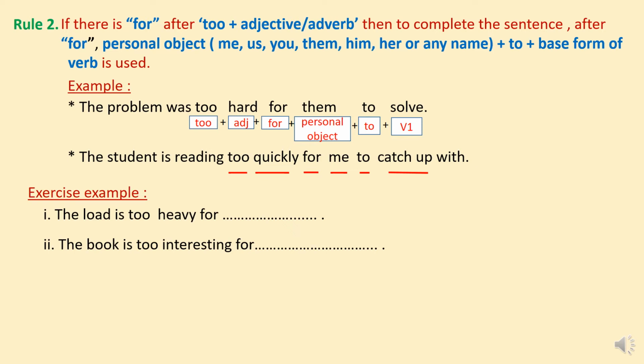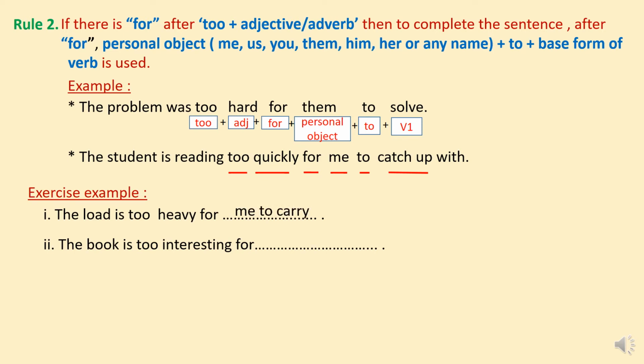We now know that after for it will be a personal object. So we can use a suitable personal object and a suitable verb and complete the sentence. Let us do. The load is too heavy for me to carry.